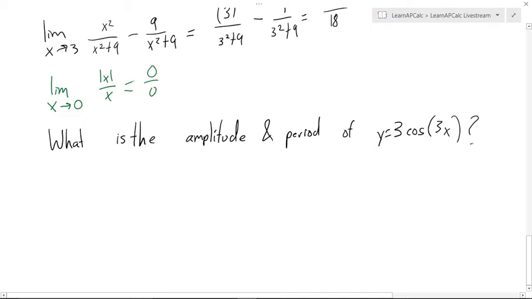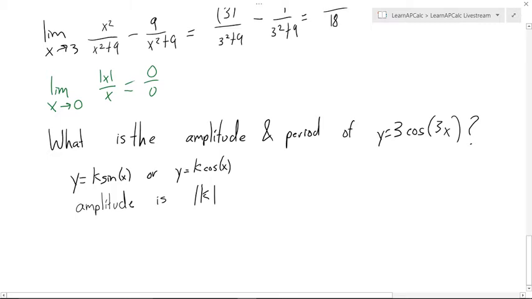Okay, so for this one, we simply have to know the basic format for how to determine period and amplitude in a trig equation. So if we have y equals k sine x, or y equals k cosine x, the amplitude is the absolute value of k.